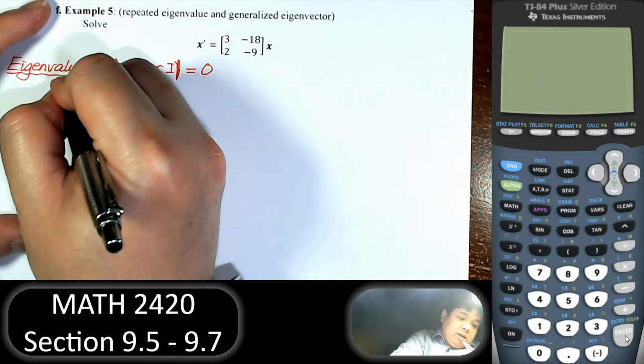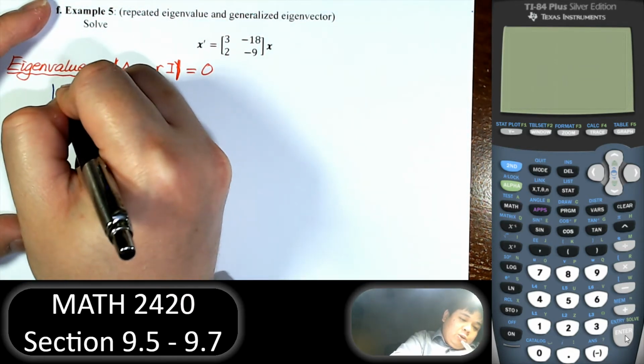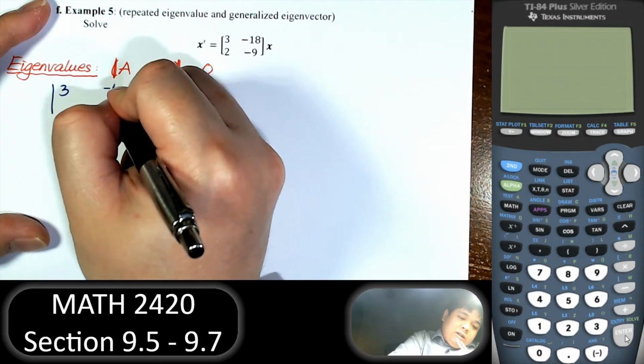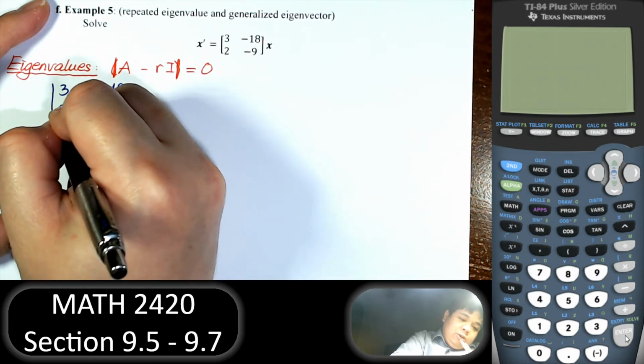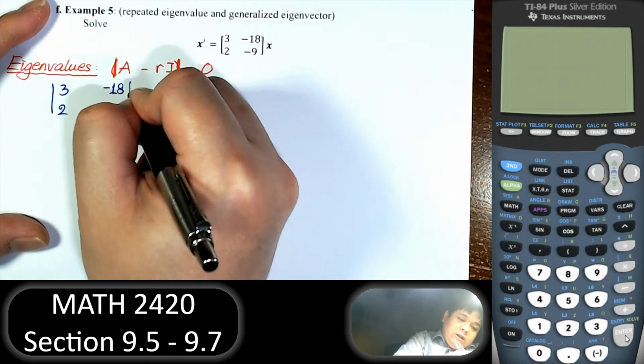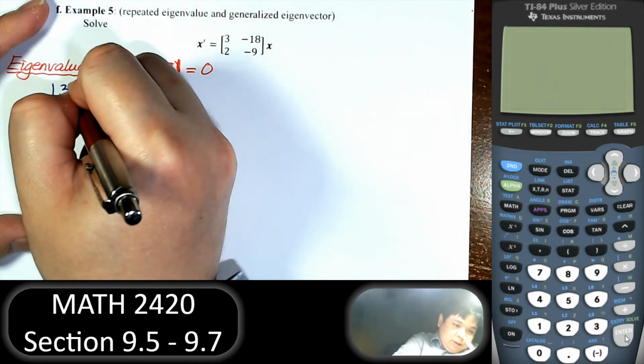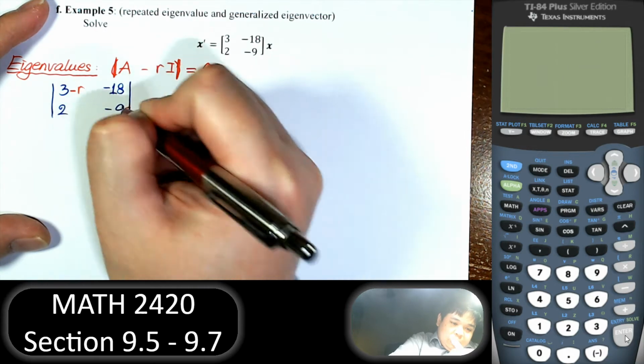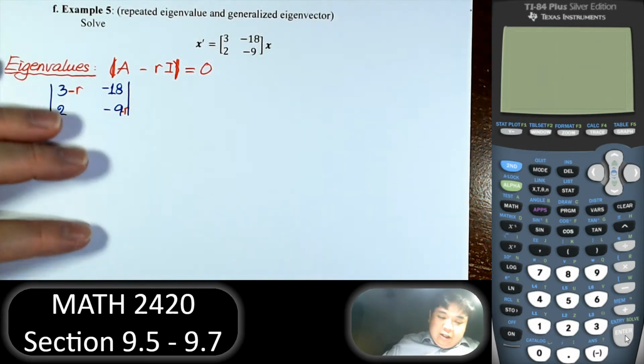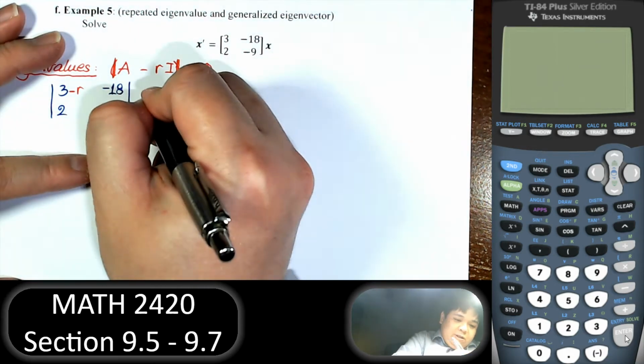So the determinant of [3 - R, -18; 2, -9 - R] equal to 0.